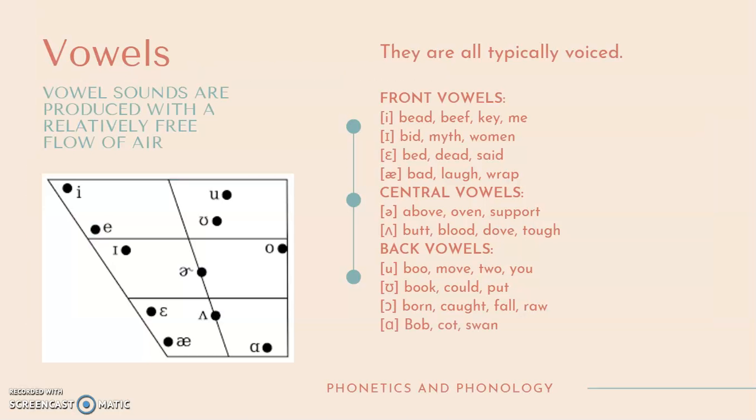Okay, now vowels. Vowel sounds are produced with a relatively free flow of air. They are all typically voiced. And we can organize the vowels in a chart like you can see on the screen.